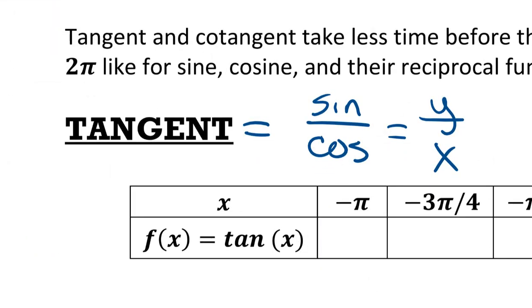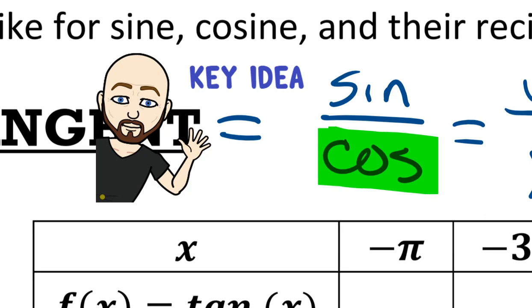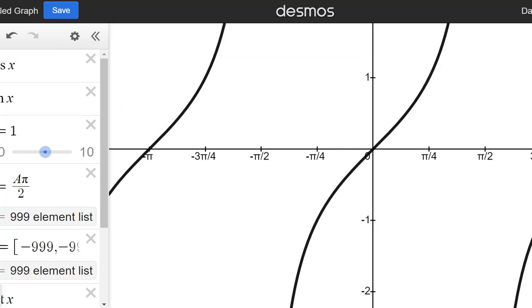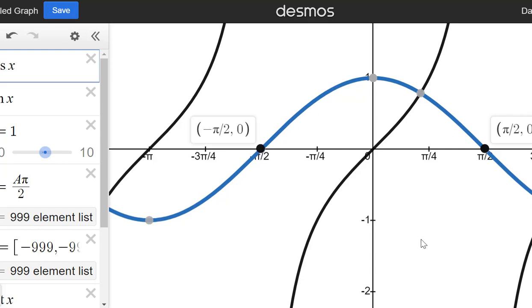So if we think about that, sine divided by cosine, from that perspective we're just looking at a rational function. Anytime that the denominator is zero, that's bad. We don't like that. And so what happens graphically when we have the denominator of zero? Where cosine is zero would be right here at pi over 2, and then another time at negative pi over 2.